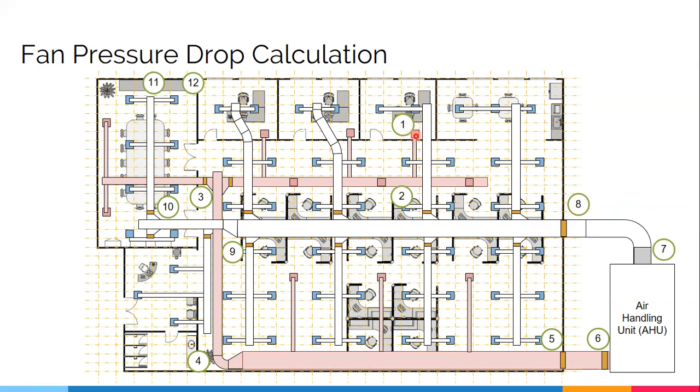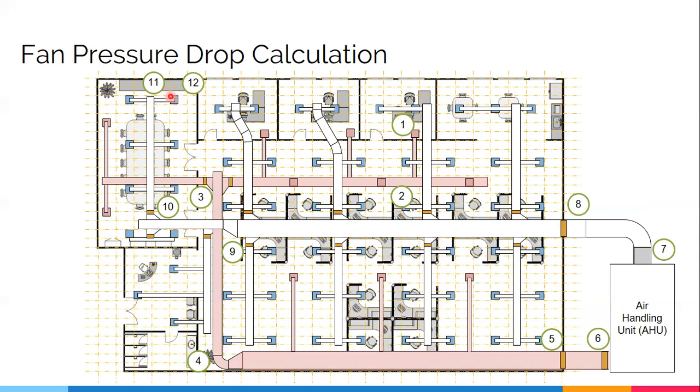So we consider this point in the return duct to be the farthest run. The air will be sucked from here, travel here, go down, and then go to the AHU. In the AHU, the air will be cooled down, and then it will be supplied. The air will travel here all the way to the corner, the farthest corner of the conference room.